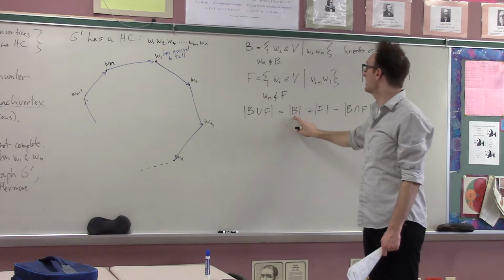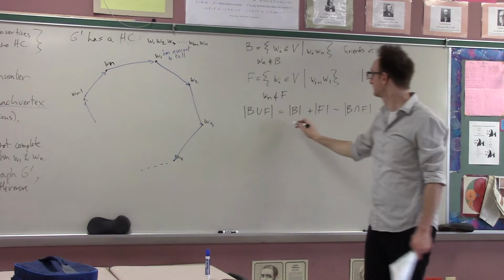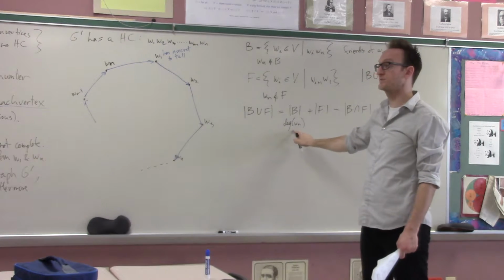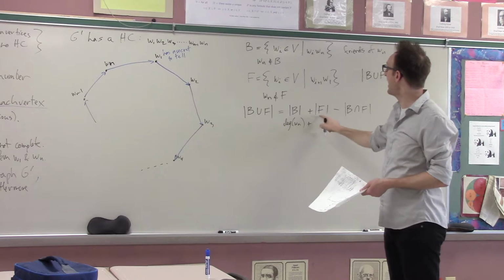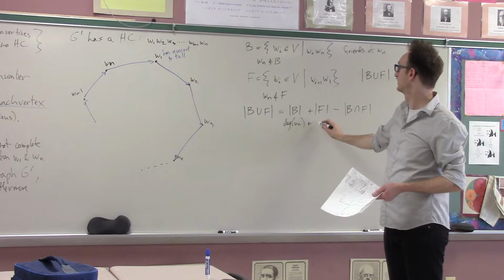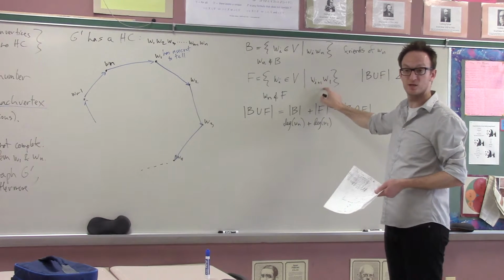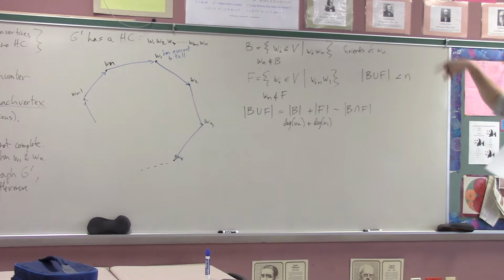The size of B is simply the degree of Wn, because it is all the friends of Wn. And what is the size of F? It is the degree of W1, because you're in this set if you're friends with W1, and every vertex is somewhere in the Hamiltonian cycle.